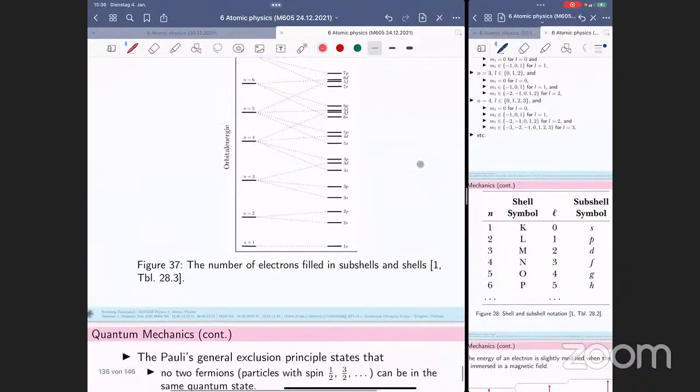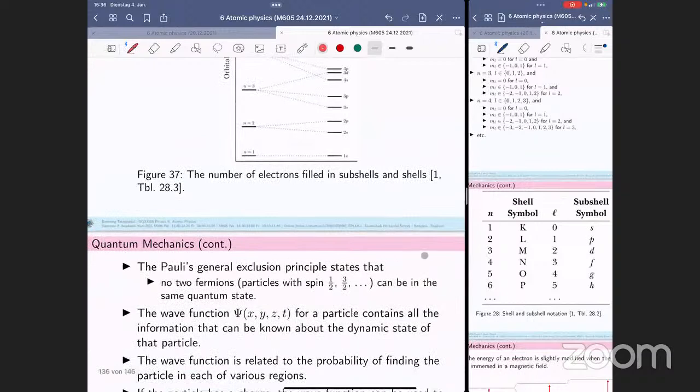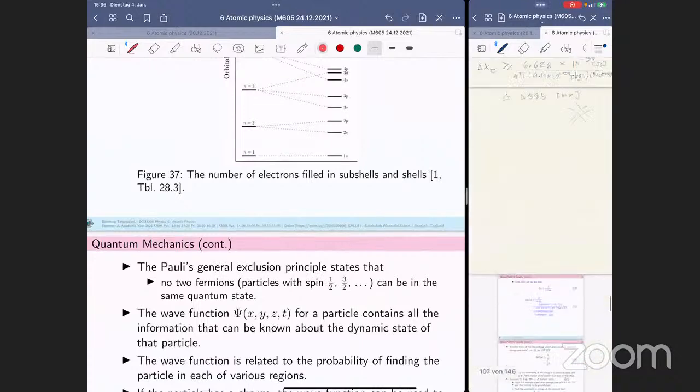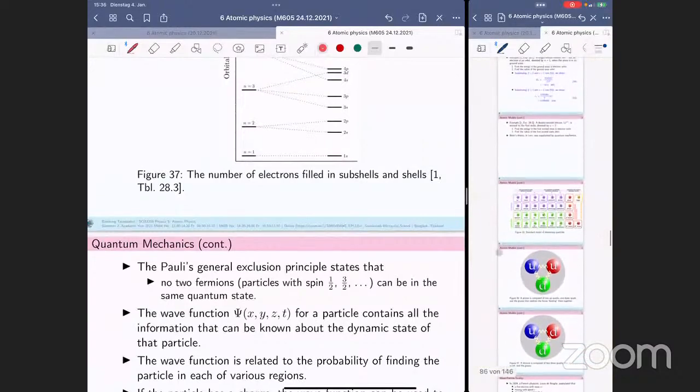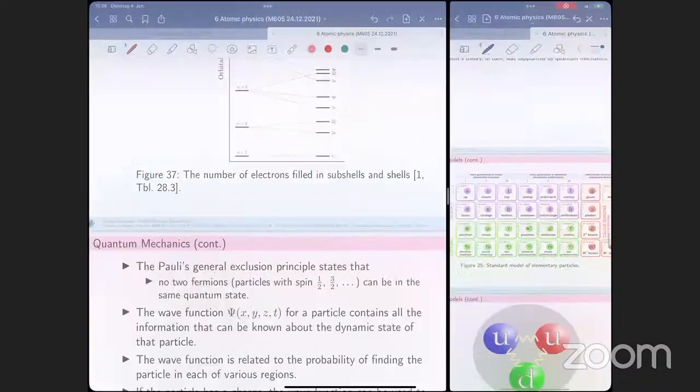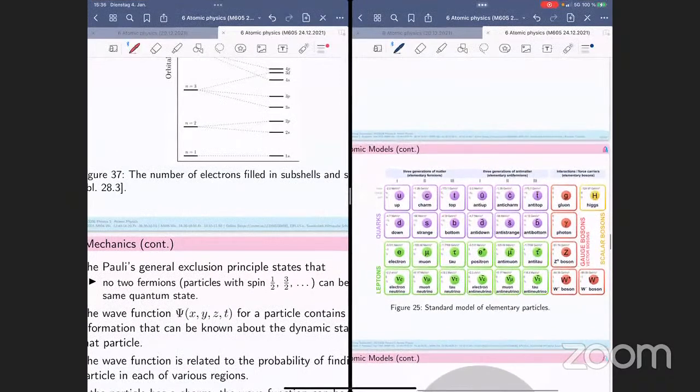That's Wolfgang Pauli's exclusion principle for the electron, but his principle doesn't state only electrons. It is not valid for only electrons, but also valid for other subatomic particles like fermions, right? You know fermions, right? If you can still remember, we have already seen the elementary particles in this table, right? It's the standard model of elementary particles.